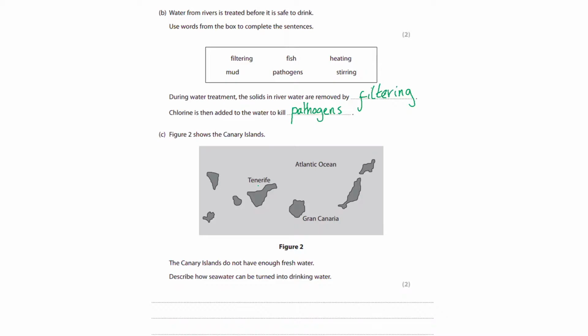Describe how seawater can be turned into drinking water. So seawater has got salt in it. So how do we get the salt out?